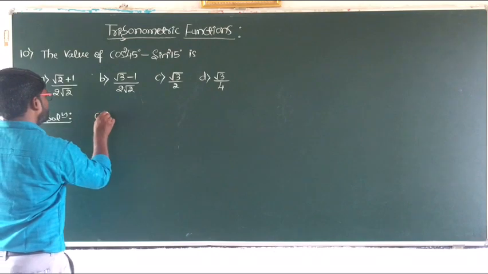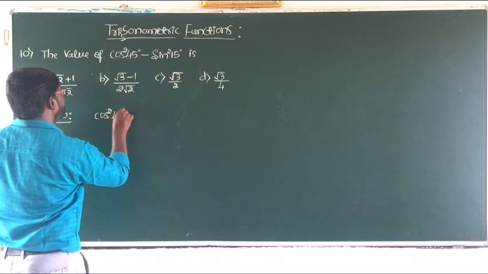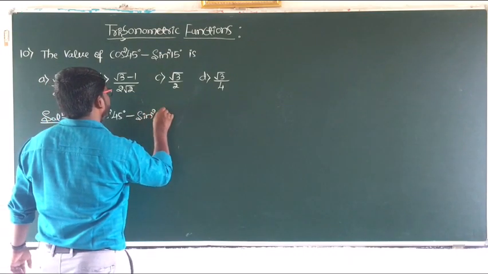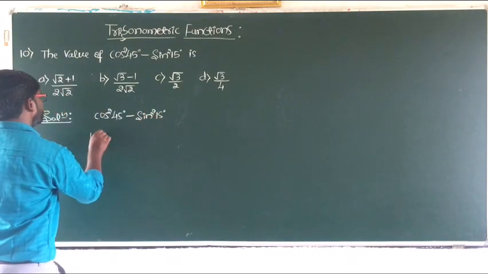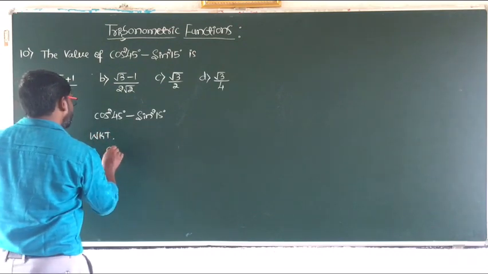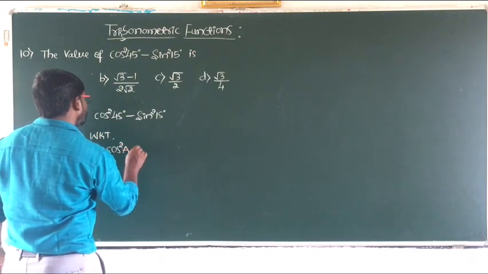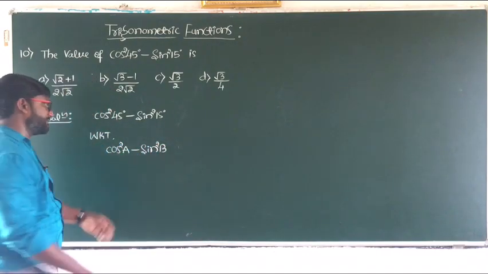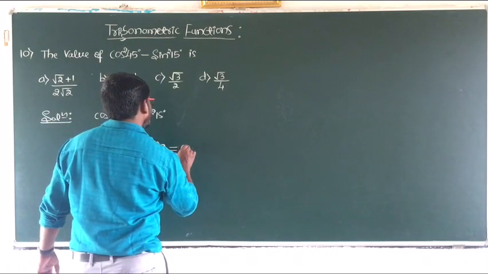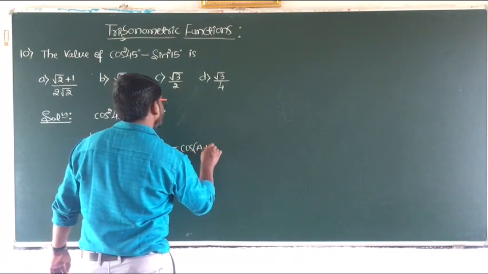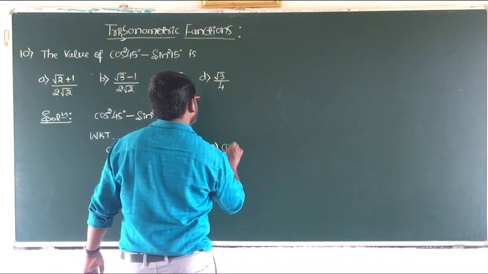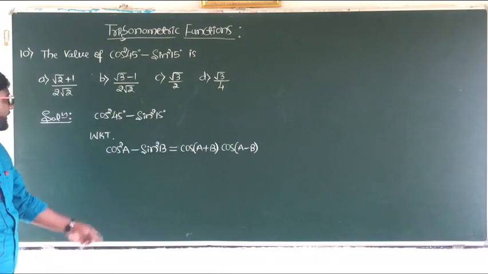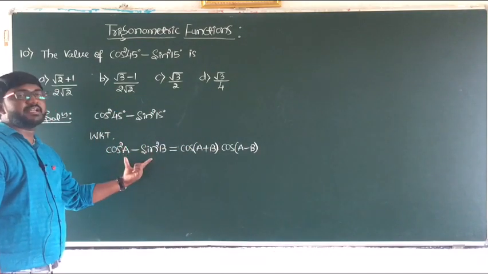Cos square 45 degree minus sin square 15 degree. We know that cos square A minus sin square B is equal to cos of A plus B into cos of A minus B. Now, the given function is in this standard form.